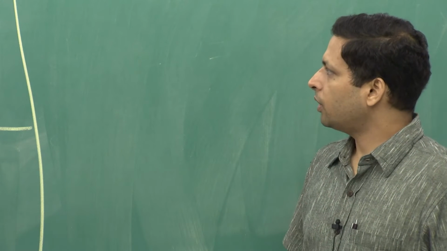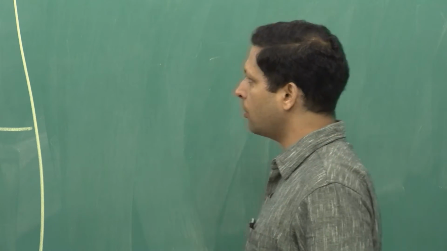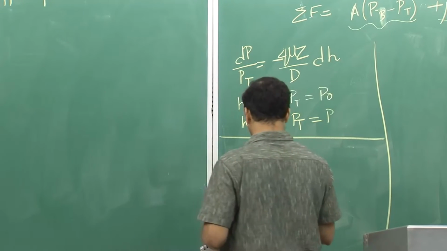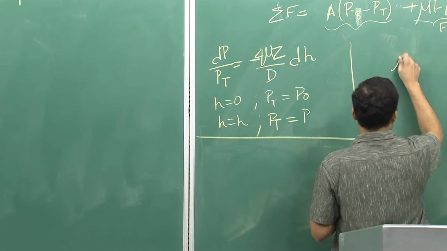So, we will continue with this. I hope you tried to solve this equation. It is not very difficult, it is just a simple log equation, and what you will get over here should be like this.